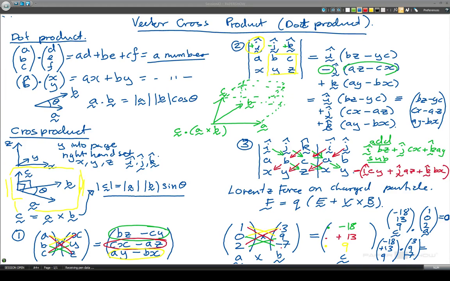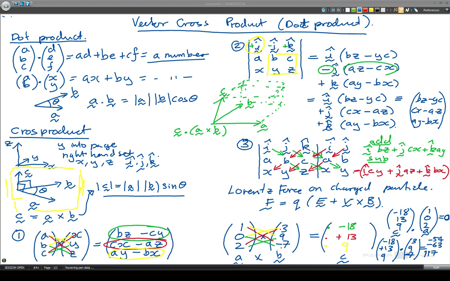Now the bottom term, this is a minus 7, so we're going to calculate that one. 9 times 7 is 63, so that's minus 63. So let's write these down. Minus 54, minus 63 from the bottom term. And then this term here is going to be 117.